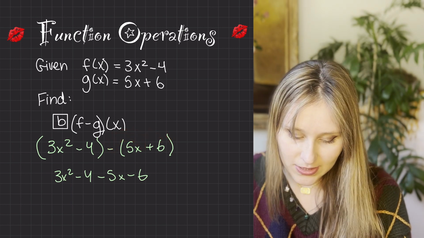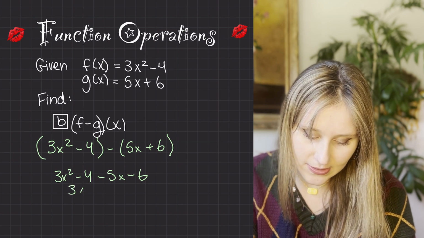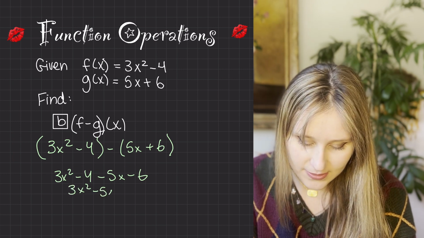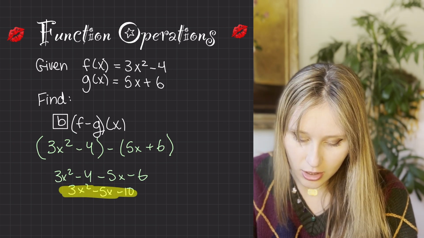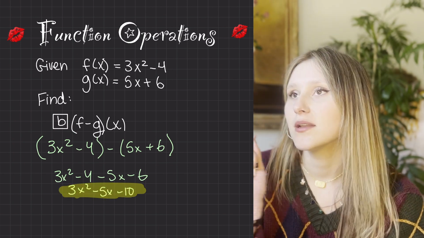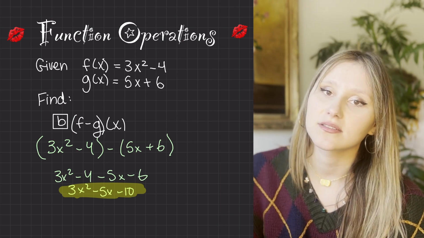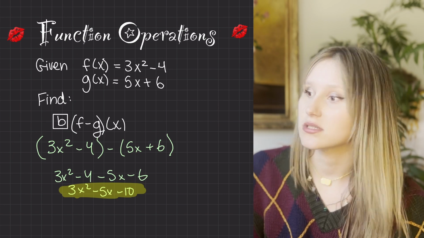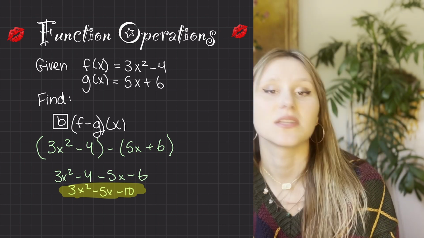Then all we have to do is combine the like terms: 3x squared minus 5x minus 10. And that is your answer. Note that f minus g of x is not going to be the same as g minus f of x. That's just a fact, like 3 minus 2 is not the same as 2 minus 3.